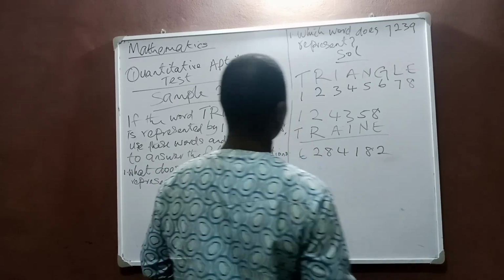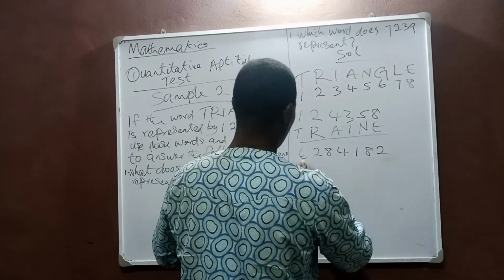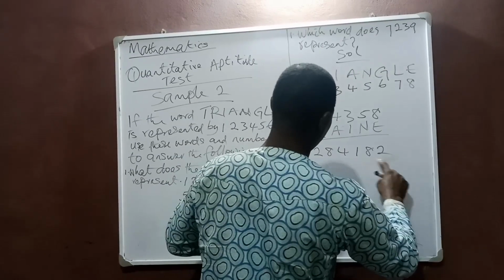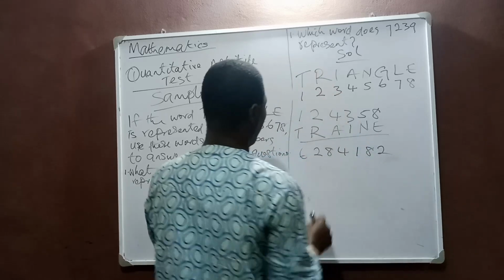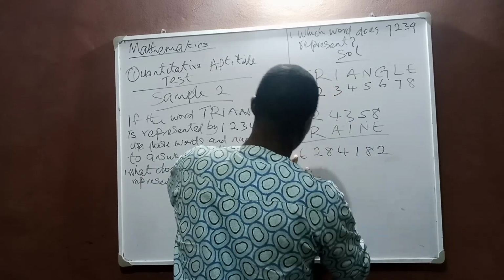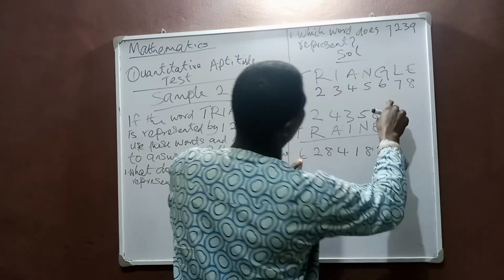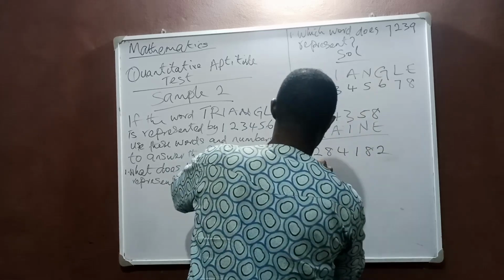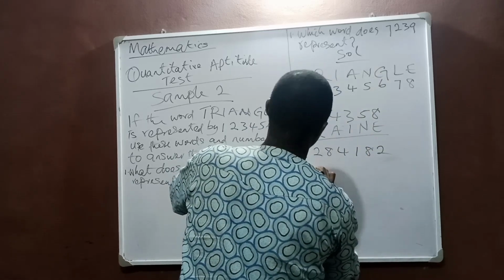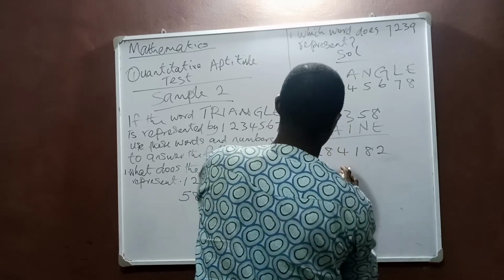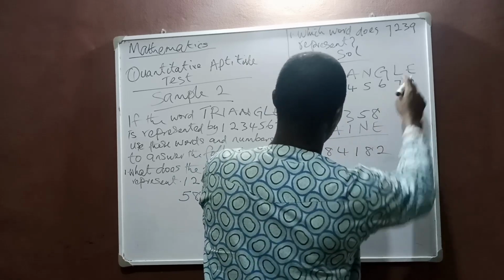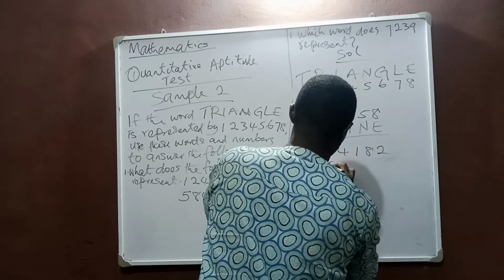They want us to find the word that the numbers 6, 2, 8, 4, 1, 8, 2 stand for. You lift it from here. 6 stands for G, write G here. 2 stands for R, write R here. 8 stands for E, write E here.